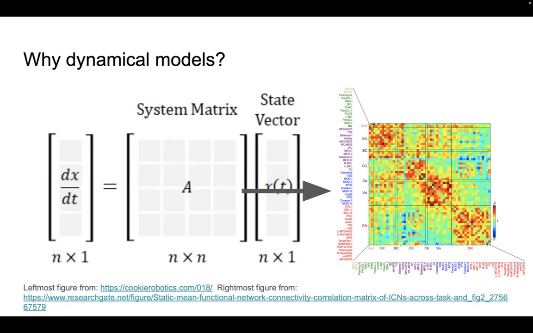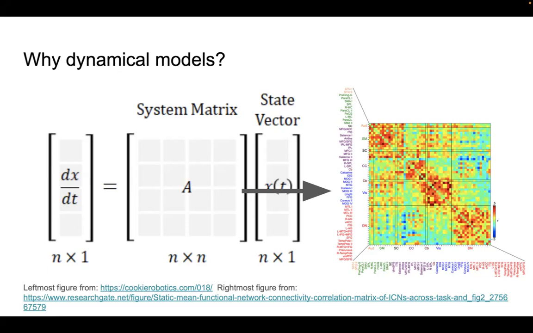In some sense, a static functional connectivity map is trying to get at this A matrix, but it's a correlation with extremely oversimplified assumptions. Yeah, I agree. But A is causal. A is actually the dynamical system.